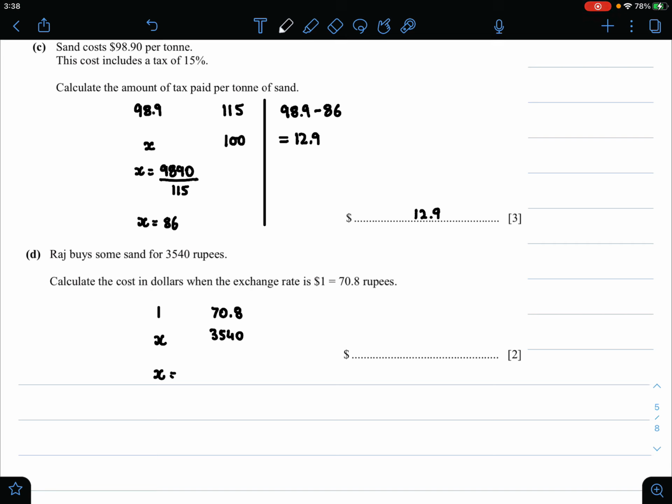Therefore X would be equal to 3540 divided by 70.8, which is equal to 50. Therefore $50 will be your final answer for part D of this question.